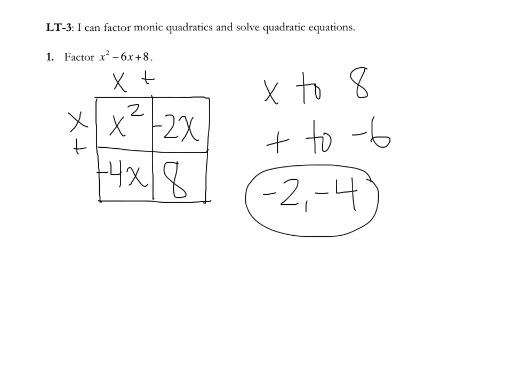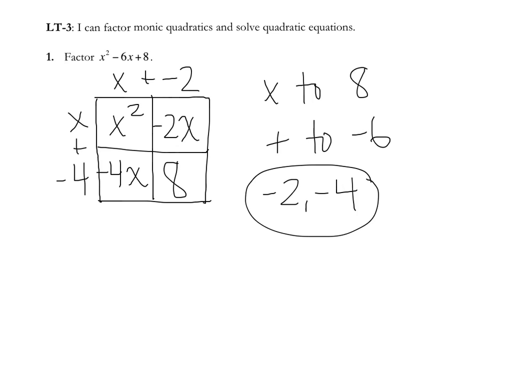So if this is a negative 2x and this is an x, this better be a negative 2. Down here, if this is a negative 4x, and there's an x up here, then this number down here better be a negative 4.